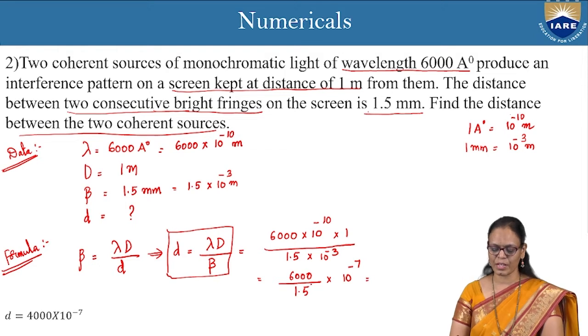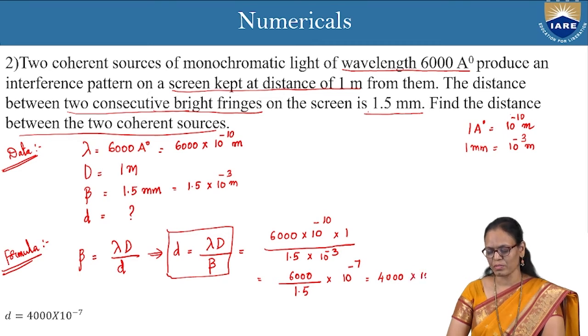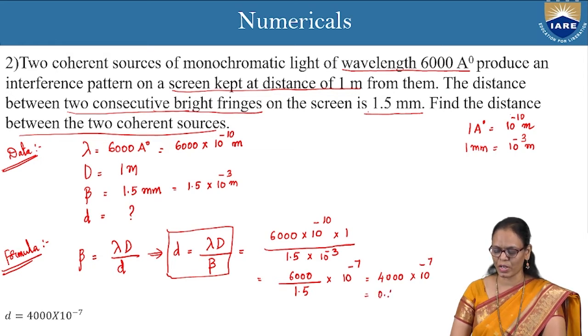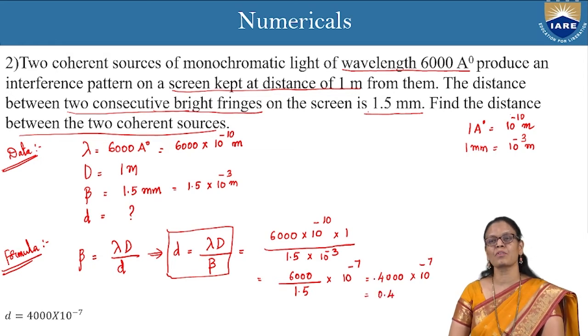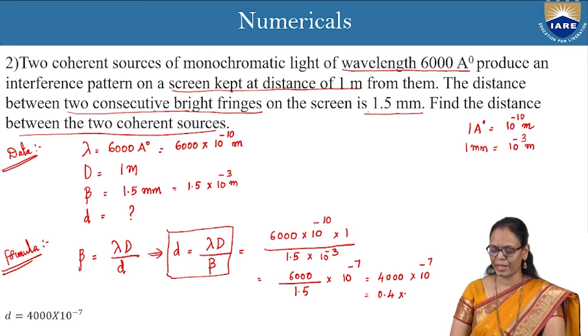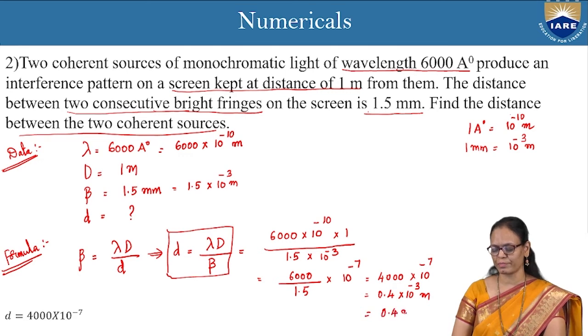So 6000 by 1.5 will be 4000 into 10 power minus 7. So we can also write it as 0.4, shifting the decimal places, into 10 power minus 3 meter, or simply 0.4 millimeter.